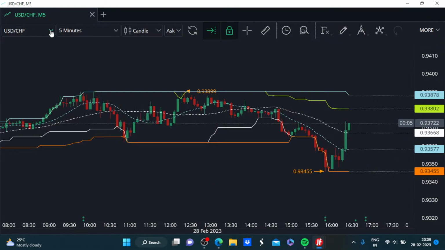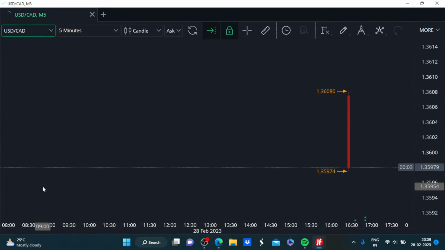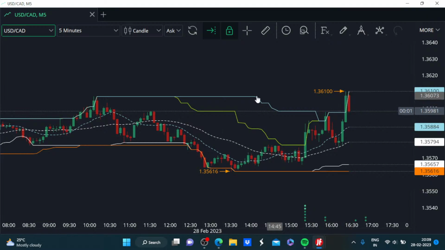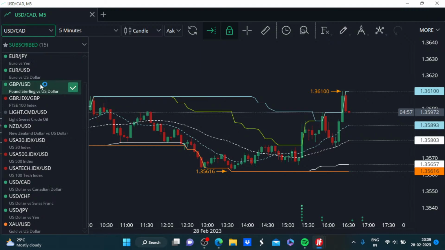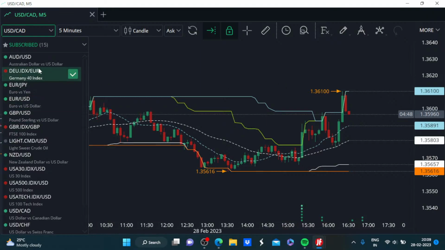So we have the opportunities developing for us, particularly in the USD CAD, which has already made the day's high. So this is the one currency where we have confirmation of a possible reversal on the upside, whereas for other major currencies, the formation is still conducive for the prior trend where the dollar was on the defensive.